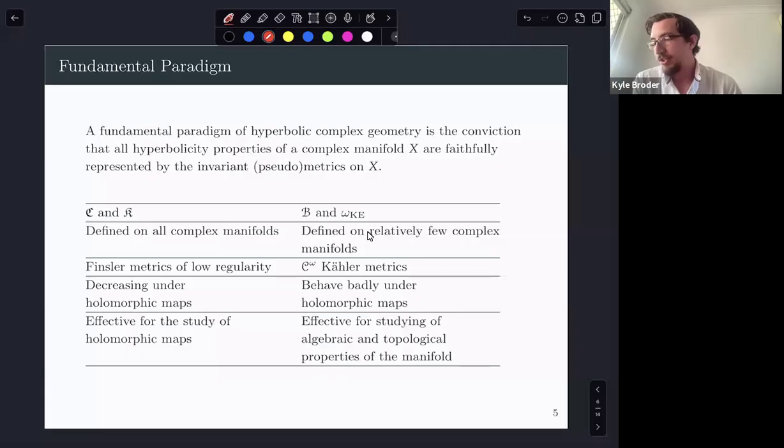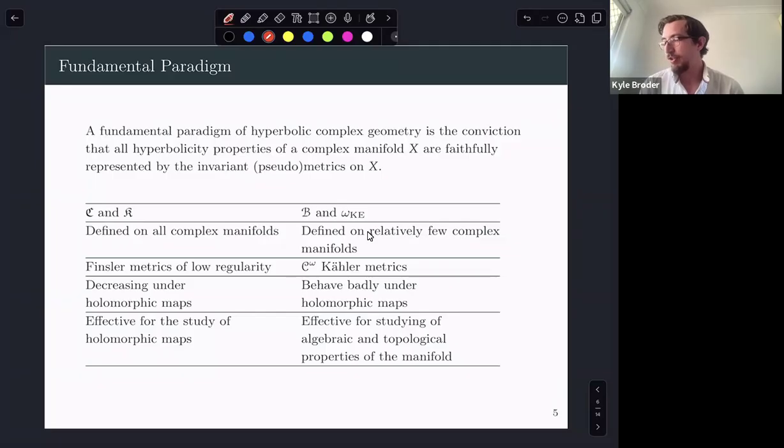So for instance, the degeneracy or existence of entire curves, these holomorphic mappings from C, precisely correspond to the non-degeneracy or degeneracy of this Kobayashi metric. If you have an abundance of bounded holomorphic functions, then that will be reflected in your Carathéodory metric. While other properties of your canonical bundle, for example, or algebraic hyperbolicity properties are encoded in this Bergman and Kähler-Einstein metric.